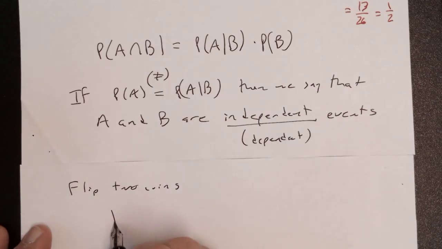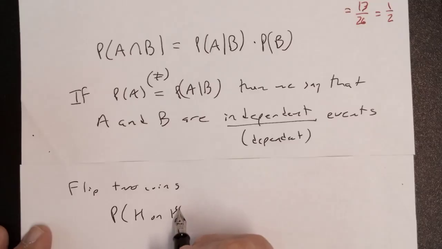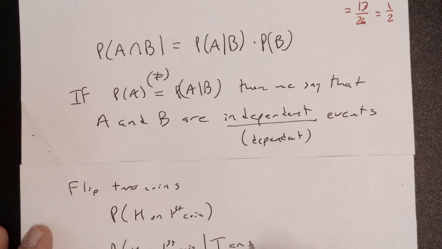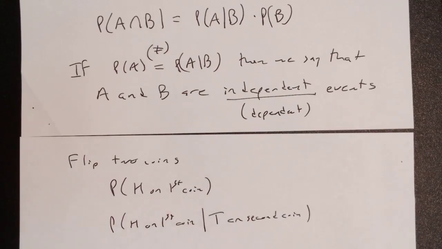I would like to compare what is the chance I get a heads on the first coin? And what is the chance I get a heads on the first coin, given I got a tails on the second coin?